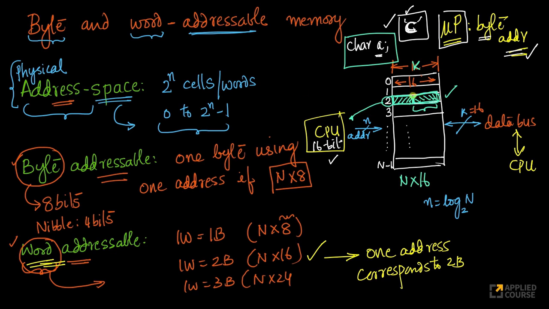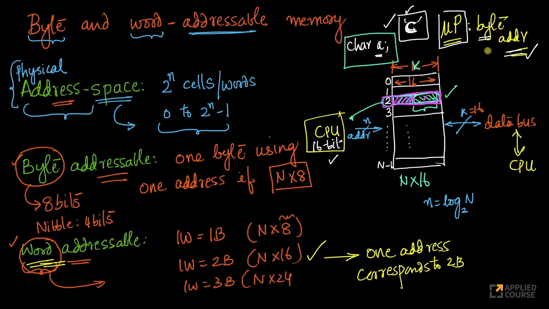If I want to load whatever data is there in this memory, I'll give this whole address, address 2, and I'll fetch this whole word. Of this whole word, I'll simply ignore this part. I'll only use the last 8 bits, or the second byte here, right?